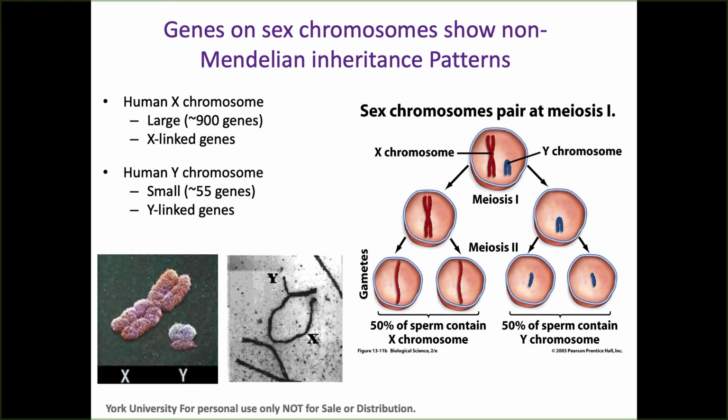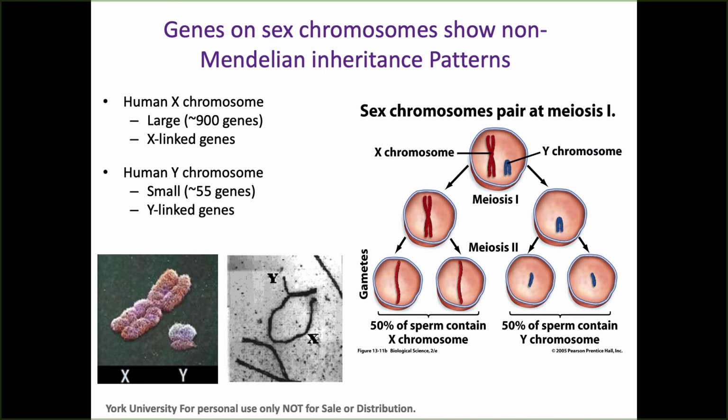The inheritance patterns associated with genes that are found on the X or the Y chromosome is different from your standard Mendelian inheritance patterns. And here we see another image of the X chromosome with the Y chromosome beside it, and you can see that the X chromosome is much larger than the Y. Both of these chromosomes derive from the same ancestral chromosome.